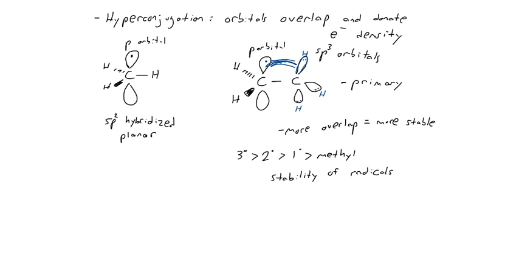So one thing I do want to talk about is a consequence of this stability and this bond dissociation energy that we've been talking about, and how that applies to the real world. So you might have heard of a certain class of compounds called CFCs.